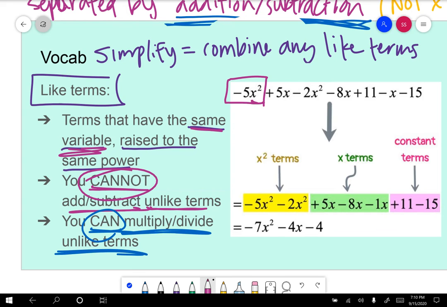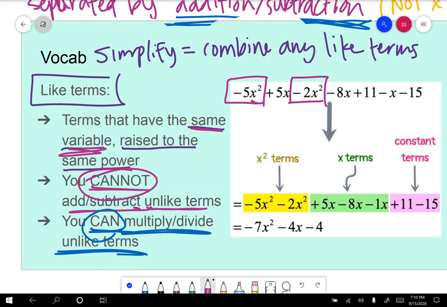It can't be a different variable. It can't be x squared times y. It has to be just x squared, but it can be multiplied by any coefficient. Here, for example, we have x squared again, and there's no other x squared there.